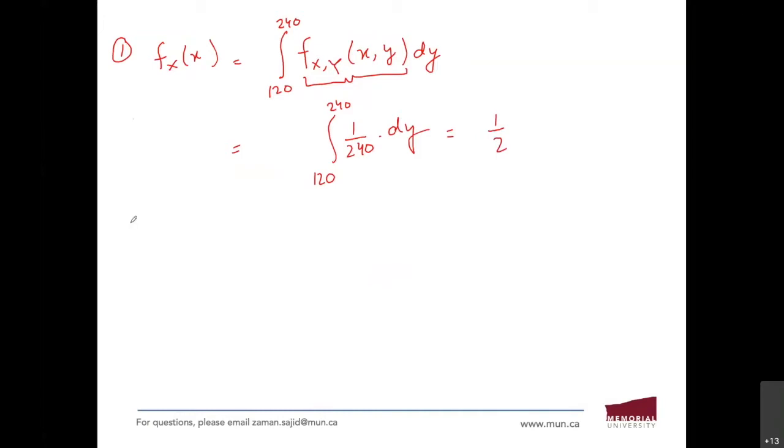Now in part B, the second part, it was asking to find the marginal probability of y. For that one, this is my f of y. That should be the integral of the joint probability of x and y, and because I'm interested in y, this should be integrated with respect to x, and the x limits are from 8.5 to 10.5.